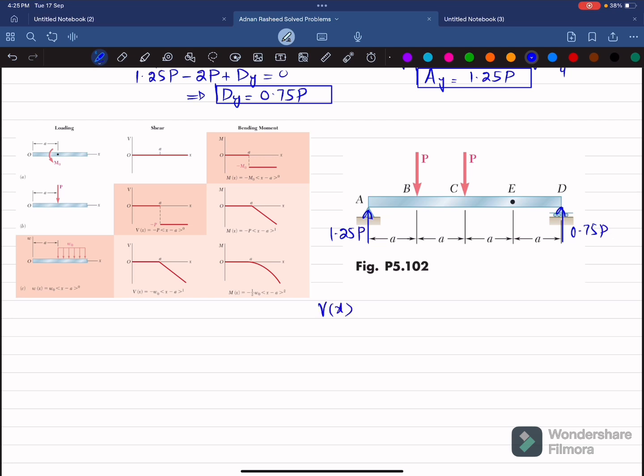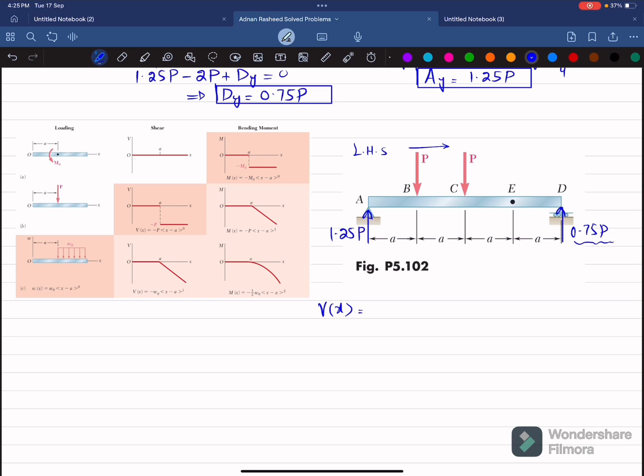Here you can see we will start from the left hand side and move toward the right hand side. Clear? And at the end we will neglect this 0.75 P, because the effect of it will be 0. I will show you why we are neglecting it.